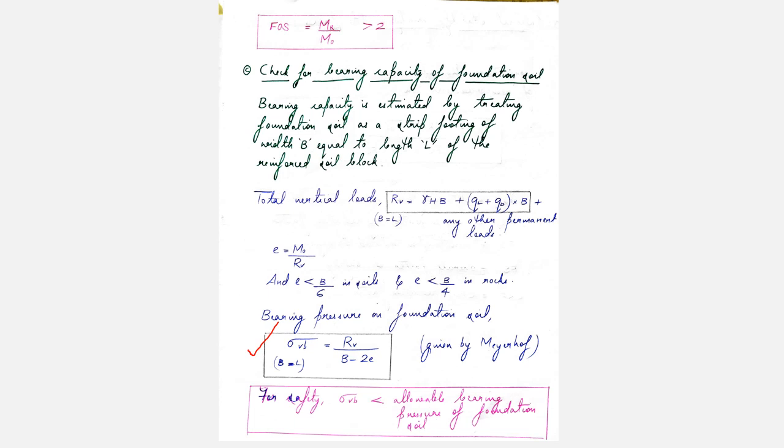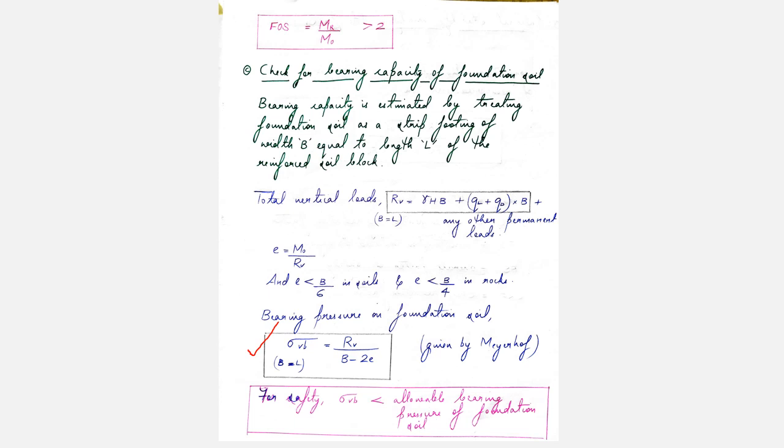That is B minus 2E, the effective width over which the pressure is exerted. The reason for B minus 2E is that the footing actually loses contact over a length of 2 times the eccentricity. That is why the effective width over which the pressure actually acts is B minus 2E.